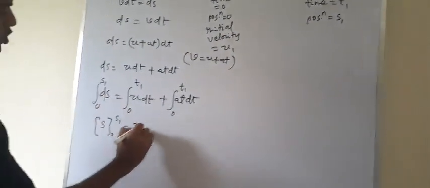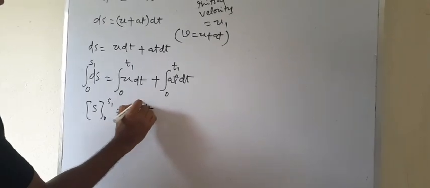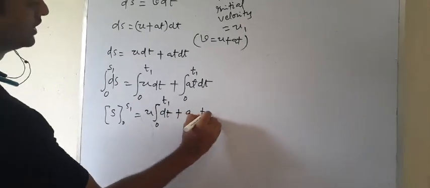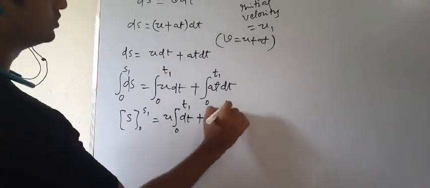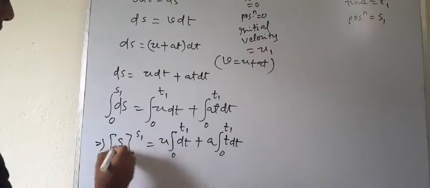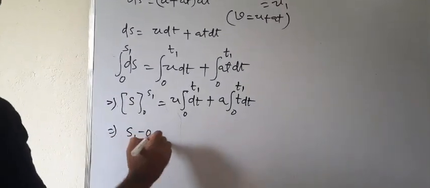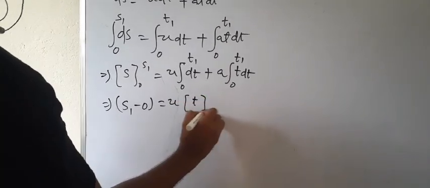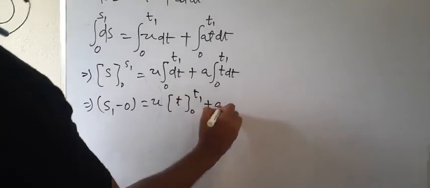Now u is taken common, integration of dt from 0 to t1, plus a is taken common, integration of t dt from 0 to t1. So here I put upper limit s1 minus lower limit 0 equal to u, integration of dt is t, from 0 to t1, plus a. Now what will be integration of t dt?